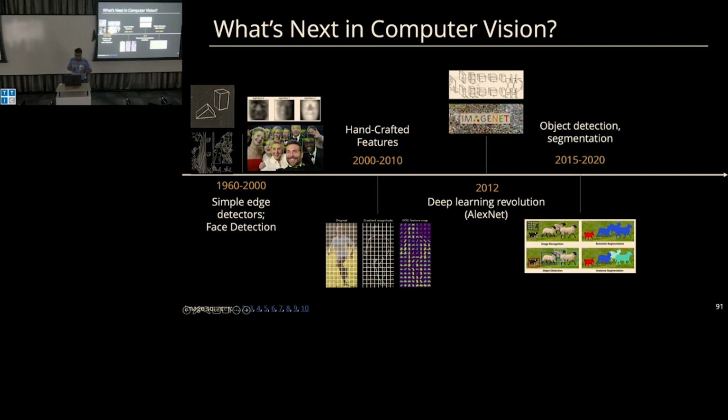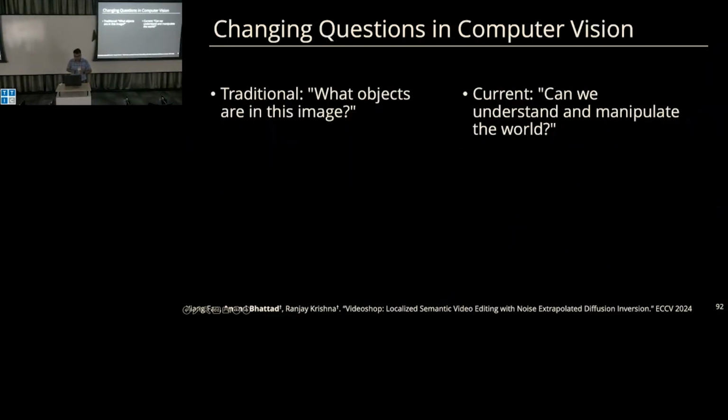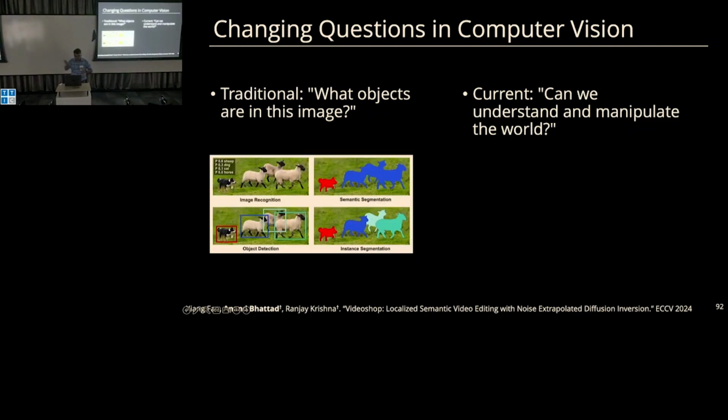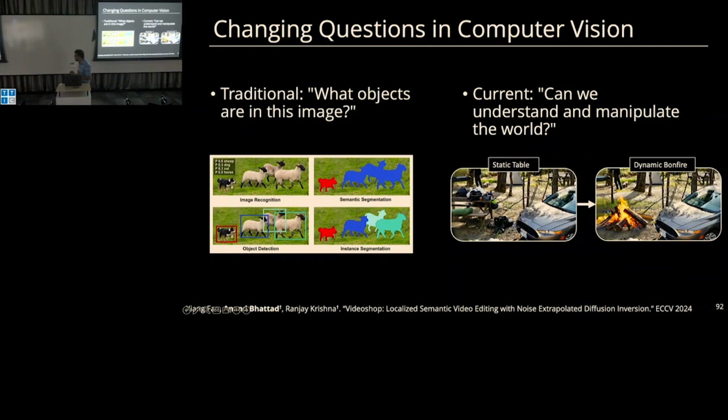From 2022 to now, what I call the generative era, the questions in computer vision have also changed. In previous days, we used to ask what images are there in the scene, but today we ask, can we understand and manipulate the world? For example, here we want to change the static table to something like a dynamic file.